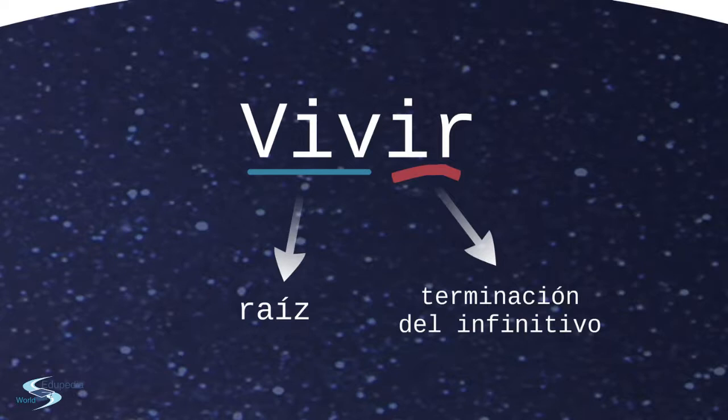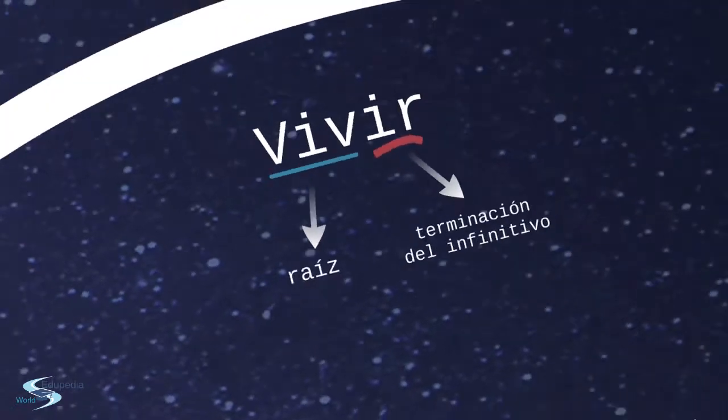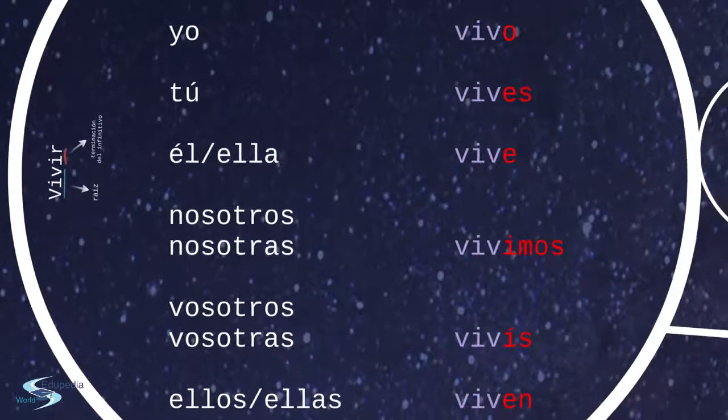We'll use the stem plus the endings, and vivir is conjugated as yo vivo, tú vives, él, ella vive, nosotros, nosotras vivimos, vosotros, vosotras vivís, ellos, ellas viven.